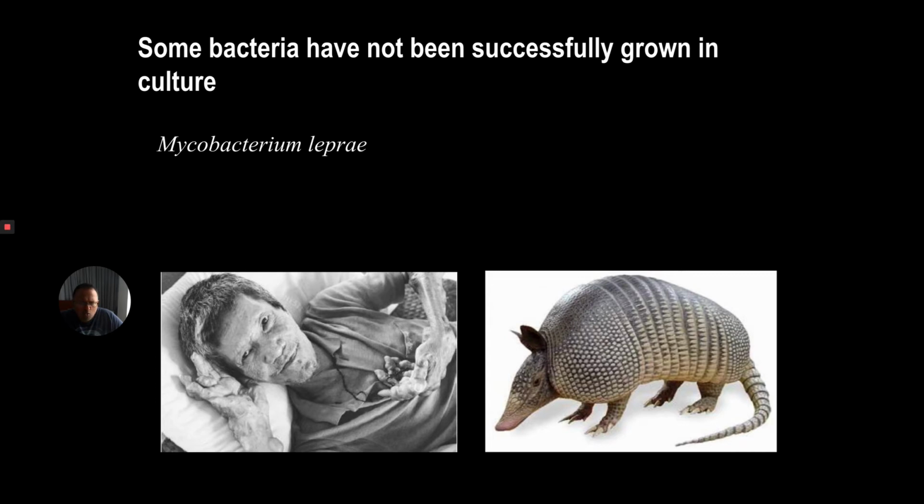It does not grow on the cultures so far. So the only thing that it will grow on in a laboratory setting is on an armadillo. Okay, so just a really interesting example.